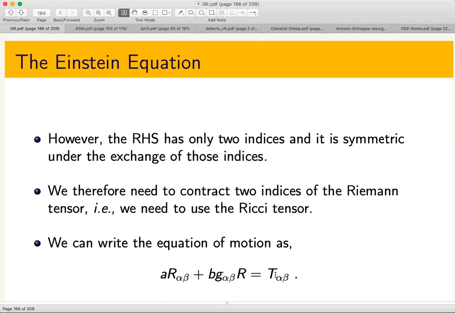Therefore, what we should really be looking at on the left-hand side is a contraction of the Riemann tensor, so that you have only two indices left over, and that object has to be symmetric under the exchange of those indices. And we of course know what those quantities are. One is the Ricci tensor, which is known to be symmetric under exchange of alpha beta. And the other quantity is g alpha beta itself, which is of course symmetric.